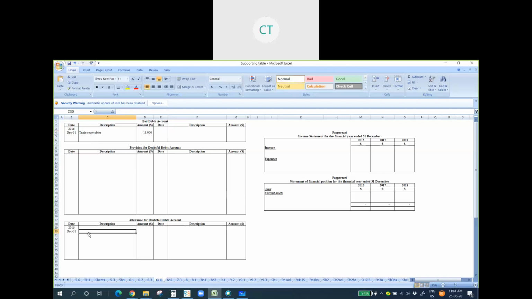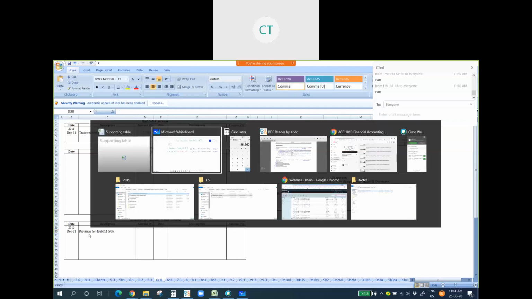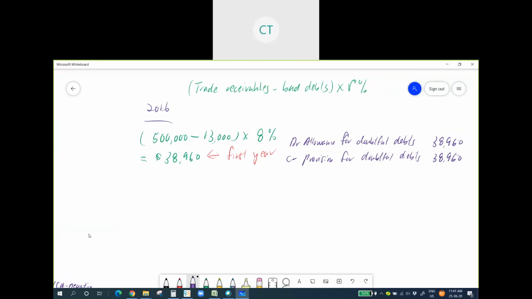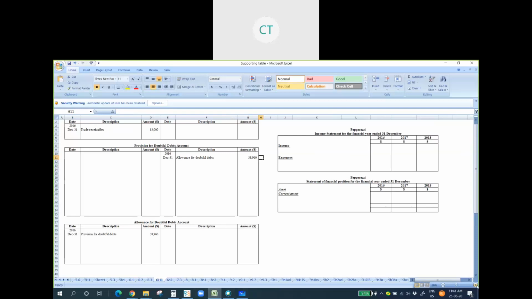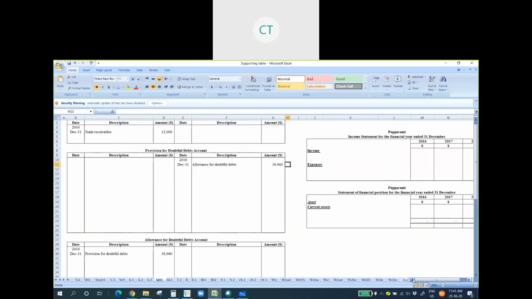We write the opposite. What is the value? 38,960. And then on the provision for doubtful debts, we write the credit amount. So this is the double entry.